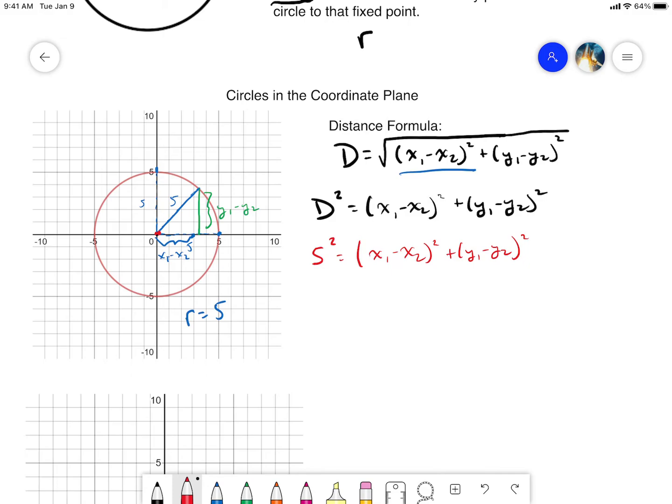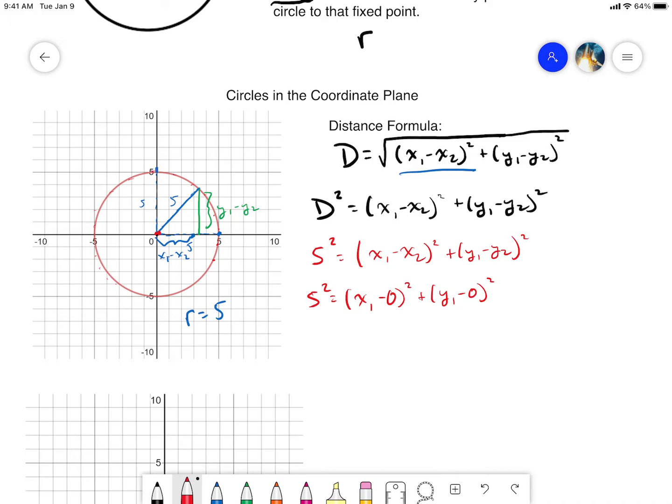If you think about the distance, no matter which point I choose along here, the second point will always be 0, 0. So for this case, 5 squared would equal (x1 - 0) squared plus (y1 - 0) squared.